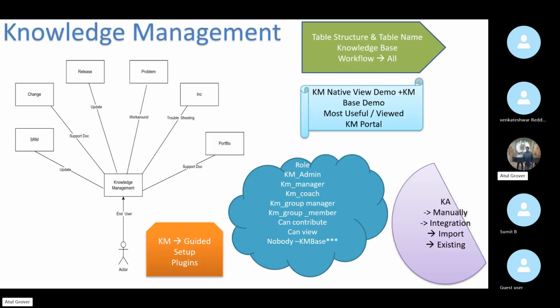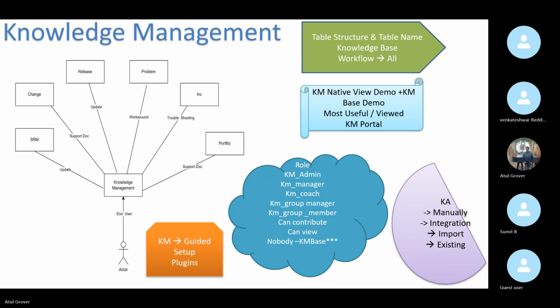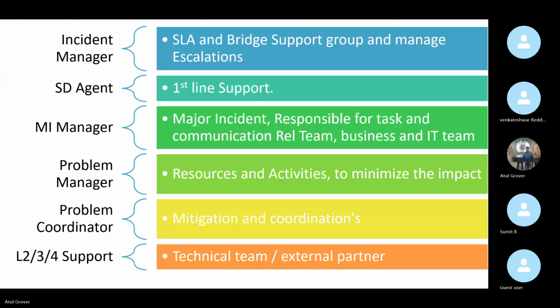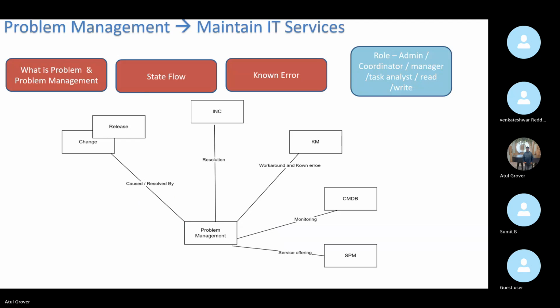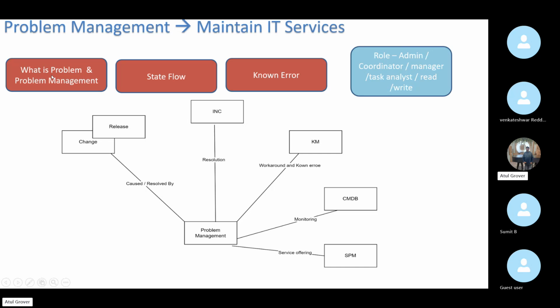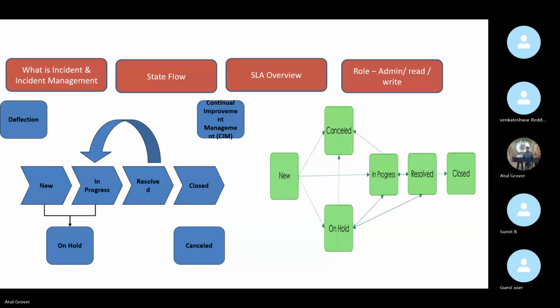What is the table name for the incident? Knowledge. Okay, incident name? Problem. Okay, fine. Here you can see problem management, state flow, non-error coordinator, all the things we're going to deep dive into one by one.